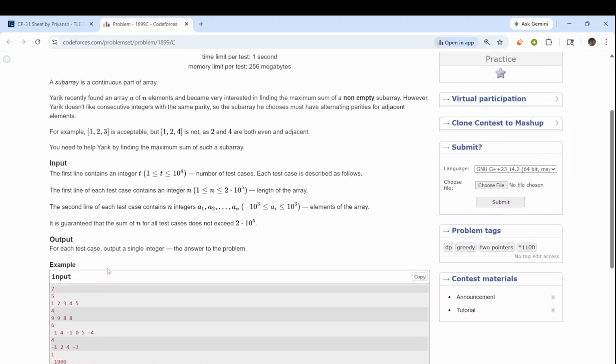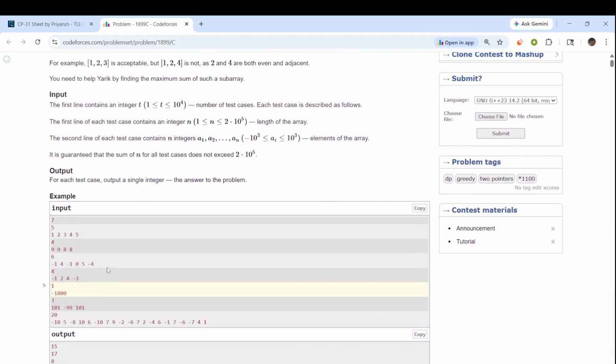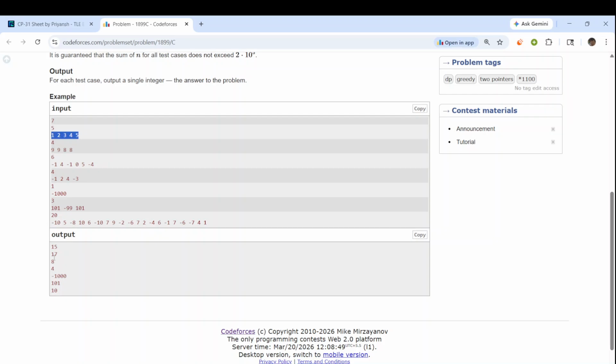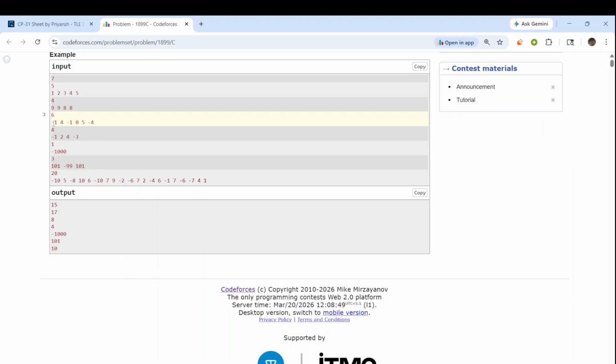The maximum sum of a subarray, and that subarray's parity should be different for adjacent elements, right? For example, here the parities are different. So if all are different parity, what will I do? I'll just sum them all. Here there's the same parity, so I'll just take the 9 and 8, right? Here different parity, different parity, different parity.